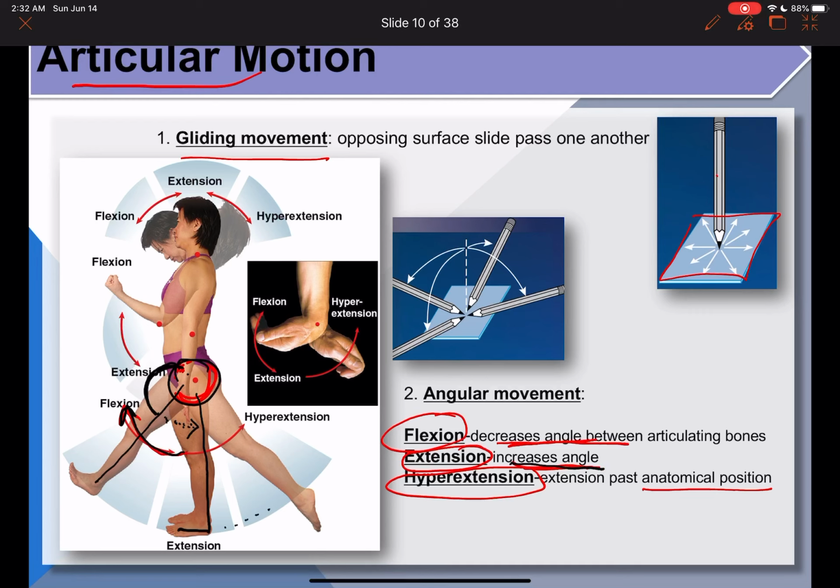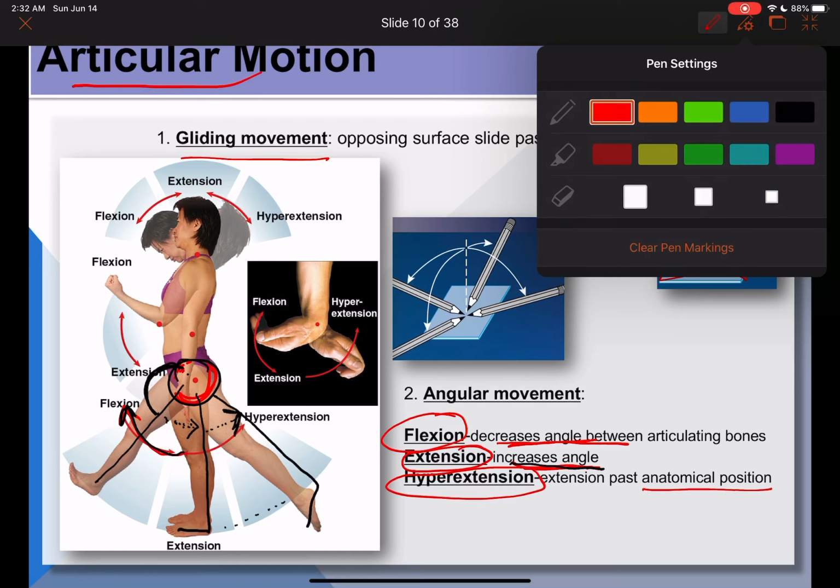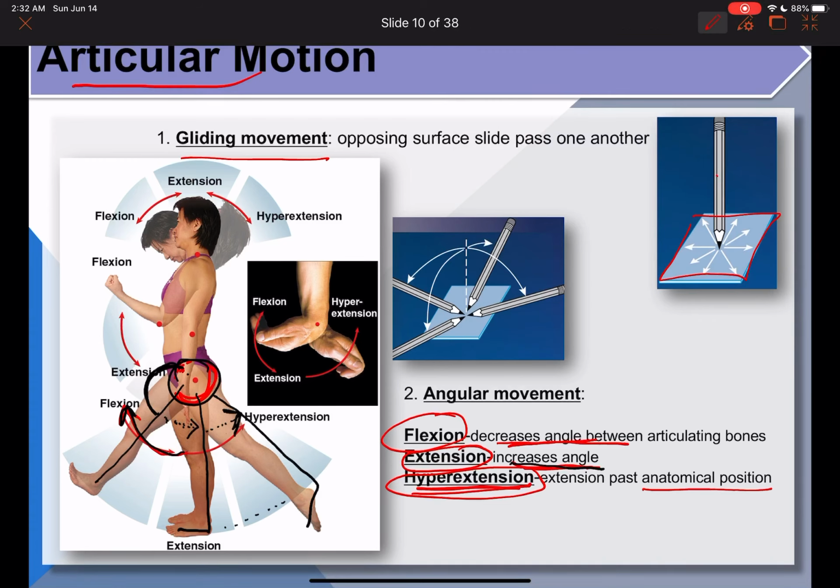If you move your leg backwards like this, now you're really increasing that angle even further. So that's why it's called hyperextension, when we move our leg backwards like that. Or in terms of our neck, okay? Our neck is another joint. And if we put our chin towards our chest like that, we're decreasing the angle between our head and our chest, okay?